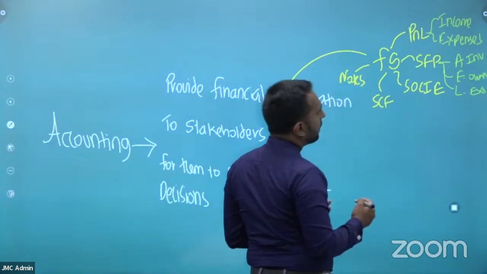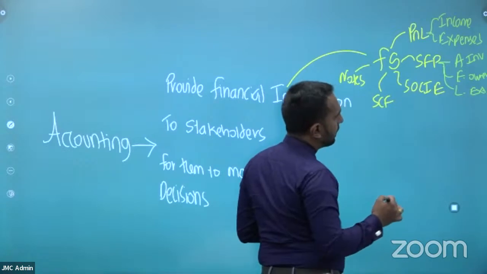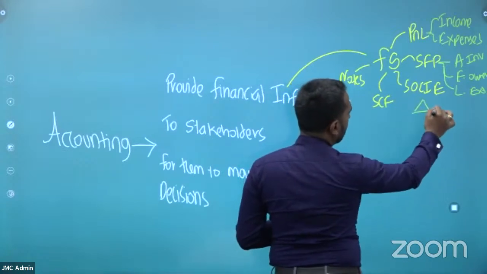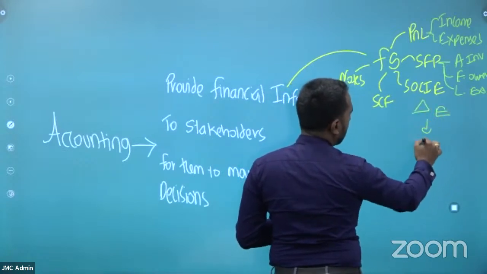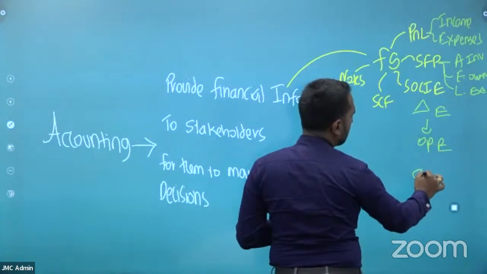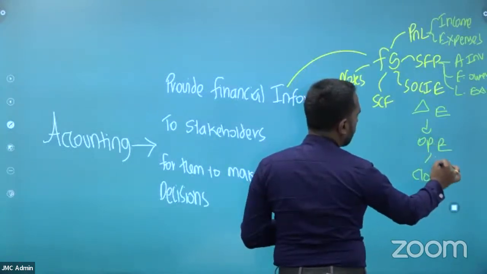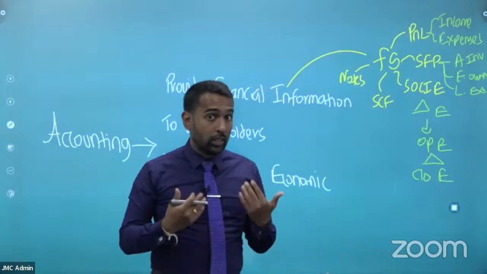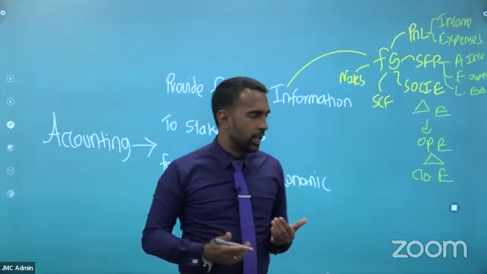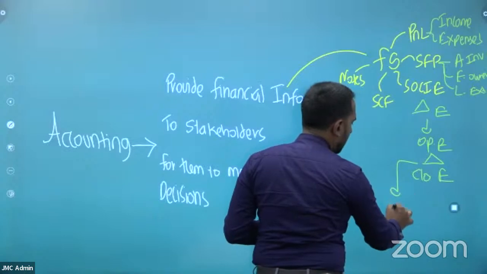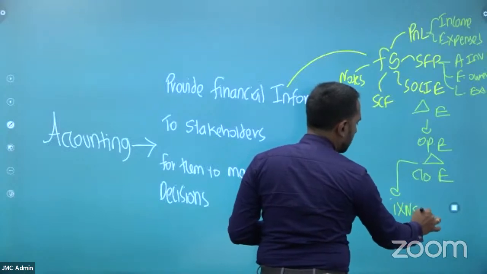The statement of changes in equity, as the name refers, shows the change in equity. That means from the opening equity balance to the closing equity balance, what are the changes? What are the transactions with the owners? In other words, this change is the transactions with the owners.